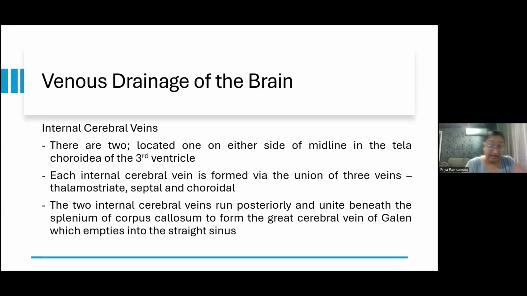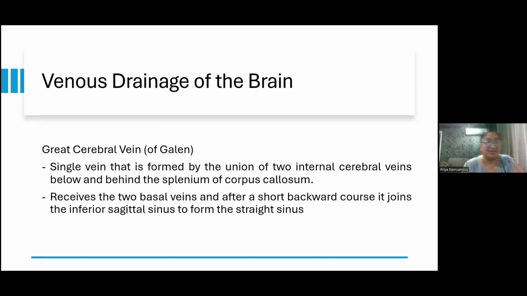As their names imply, the thalamostriate drains the thalamus and the basal ganglia. The septal vein drains the septum pellucidum, and the choroidal vein drains the choroid plexus. And together, they form the internal cerebral vein. And then these run posteriorly, unite below the splenium of the corpus callosum, to again form the great cerebral vein of Galen, which then empties into the straight sinus.